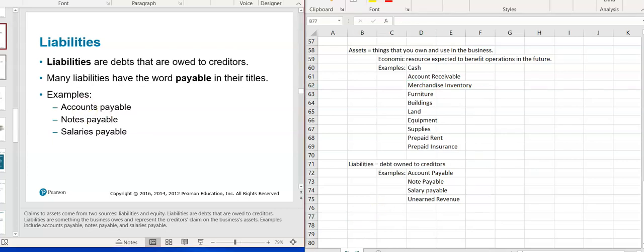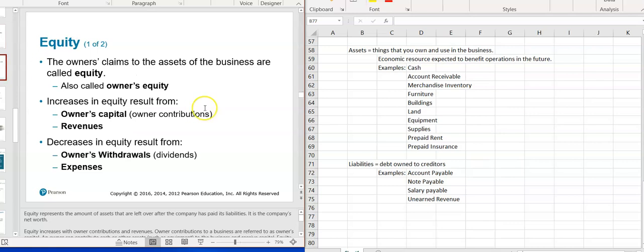Okay, and then equity. Equity is basically whatever's left over. All right, so it's owner's claim to assets of the business after the creditors have been paid.